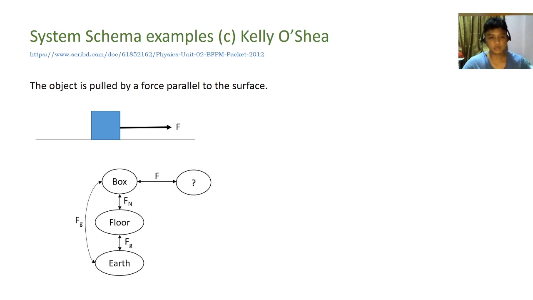Take time to, maybe you can pause the video so you can draw this system schema. I just put a question mark here because I don't really know who's or what's applying this pulling force, but it doesn't really matter. You can see the box and the floor, normal force, floor and the earth, gravitational force, also earth and the box, gravitational force.